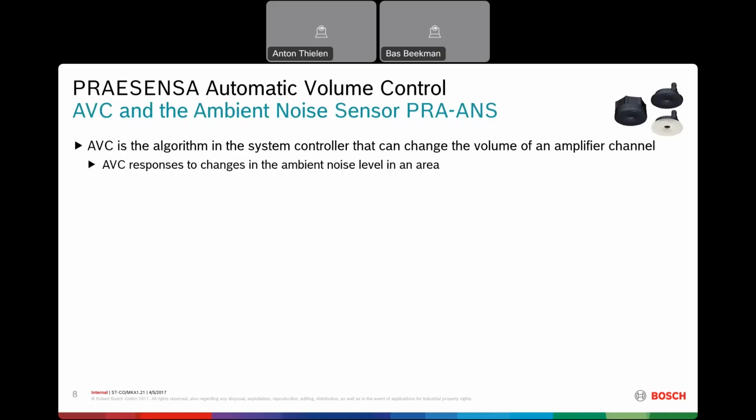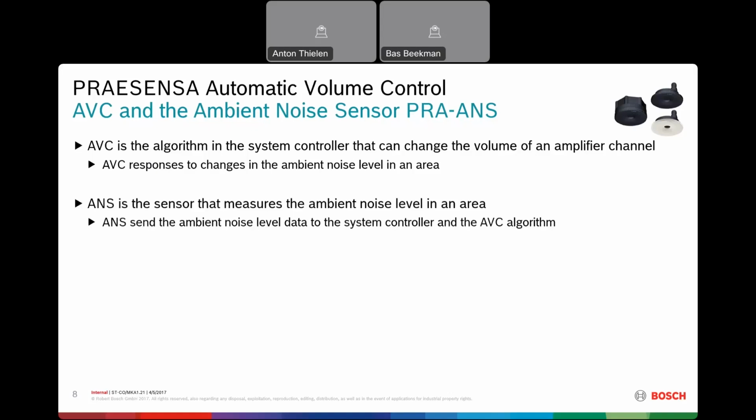The AVC responds to changes in the ambient noise level data in an area, which is measured by this noise sensor. The ANS is the sensor that measures the ambient noise level in an area, and it sends the data to the system controller and the AVC algorithm, which is hosted in the system controller. So the AVC uses the data from the ANS and changes the amplifier volume accordingly.